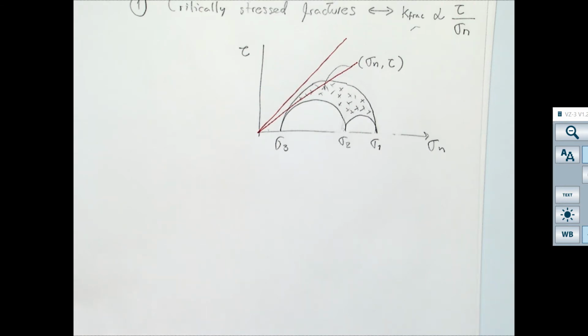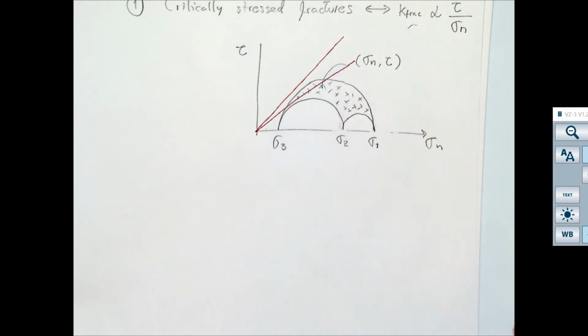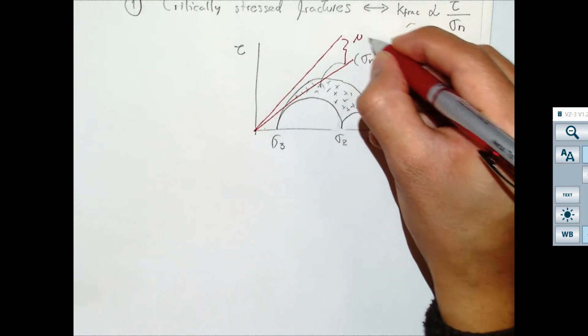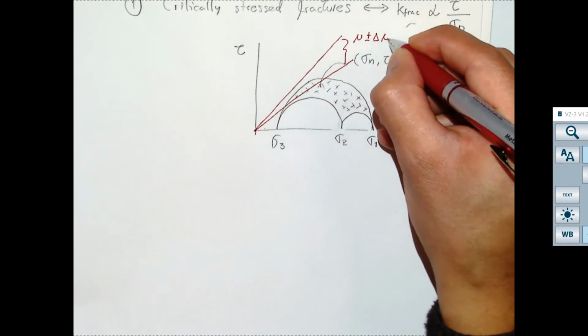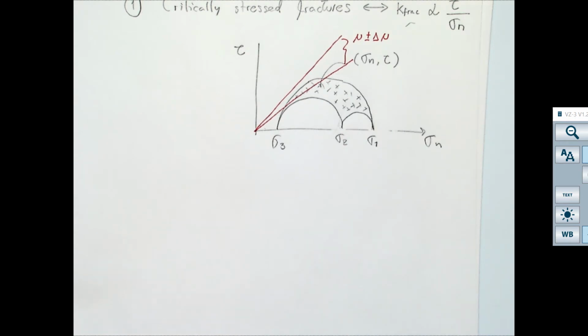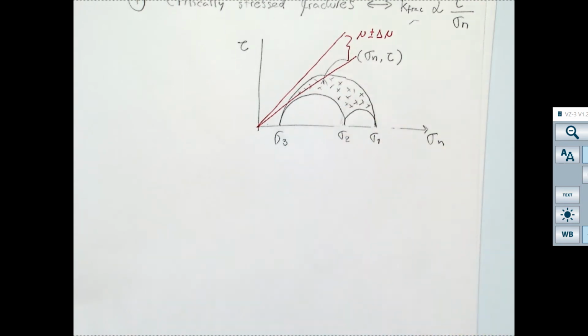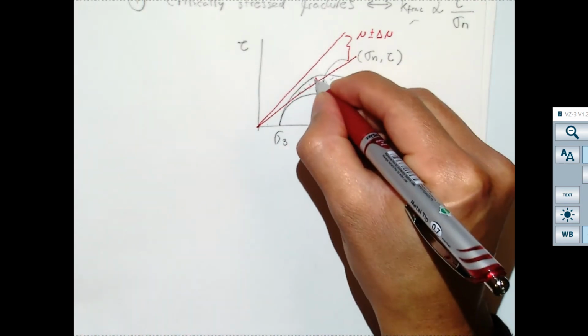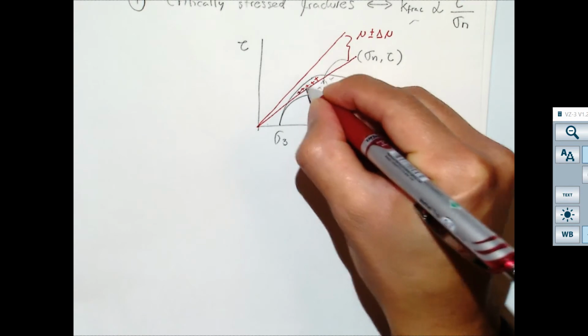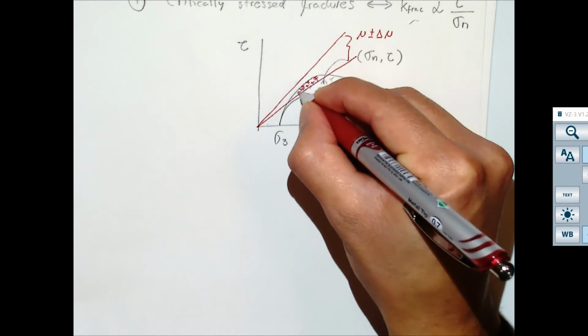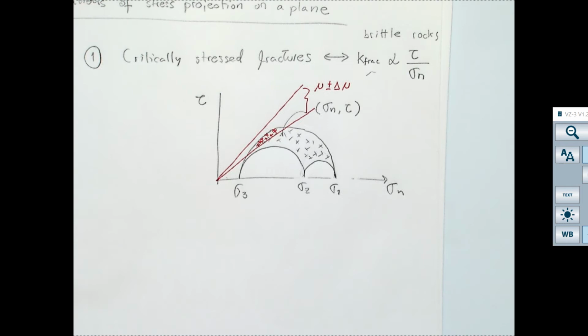So in this case, I'm not drawing just one single shear line, but I'm assuming that the rock is heterogeneous and that the rock doesn't have an exact friction coefficient, but it has a friction coefficient that also has some variability. So within that range of variability, there are going to be fractures in this location that are going to be almost a shear failure.